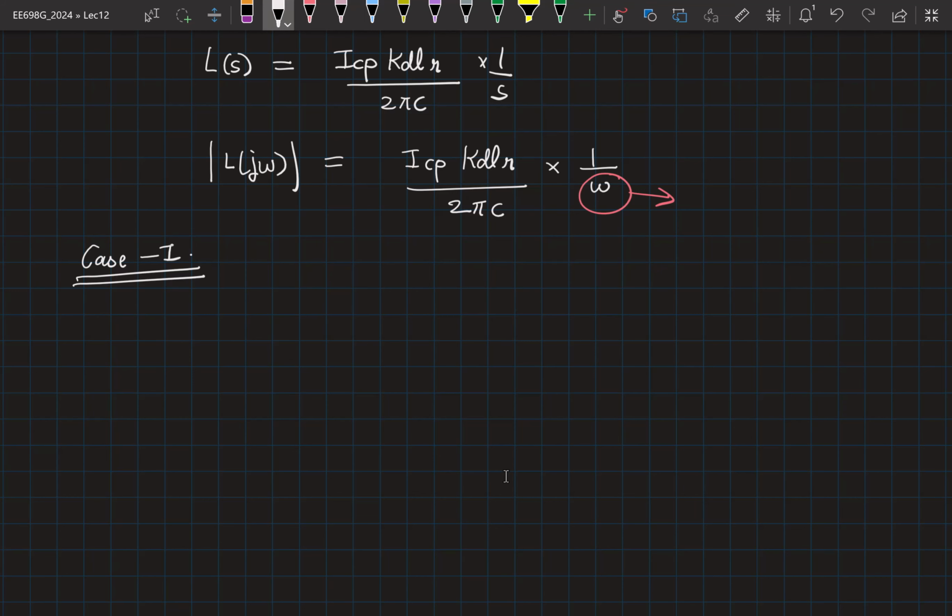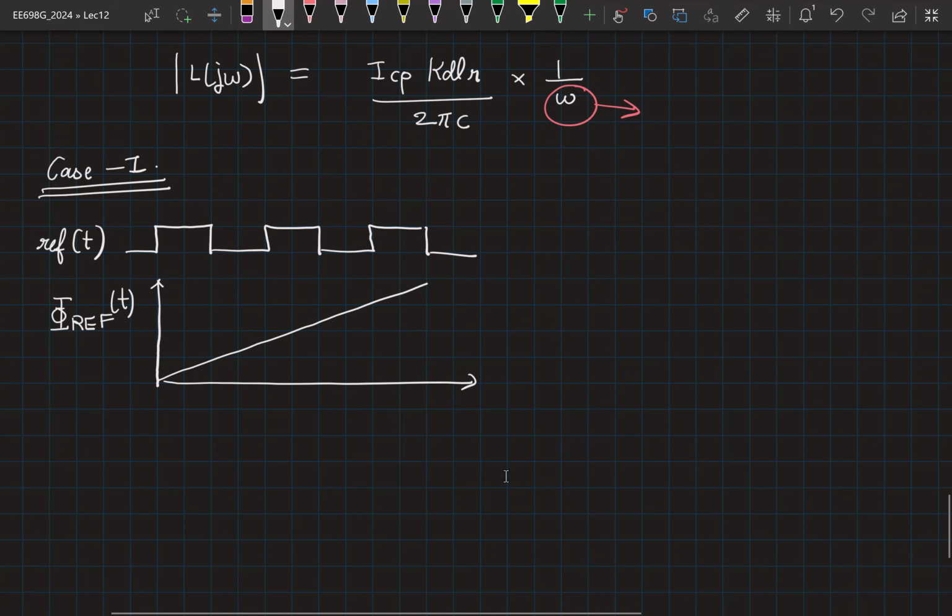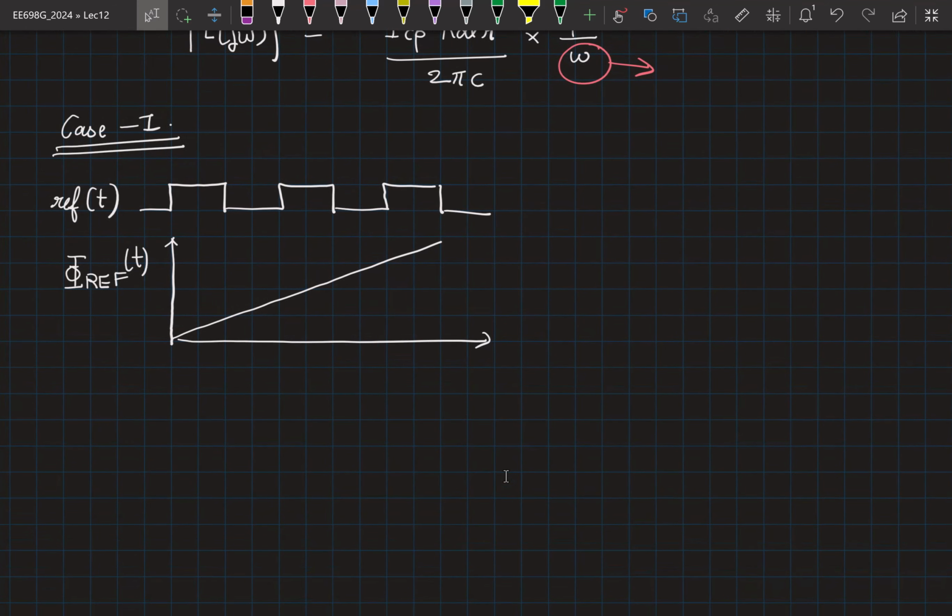I'll use a reference case to start with. Assume an ideal square wave, in which case my large signal phase is simply a line like this. Now I'm going to add different small signal phases to it and see the effect on the output.